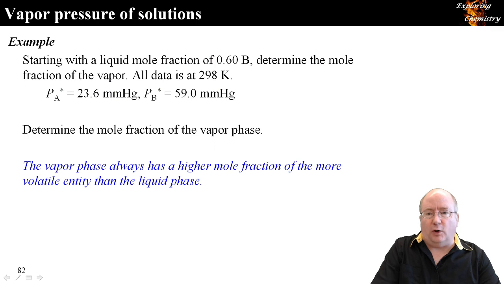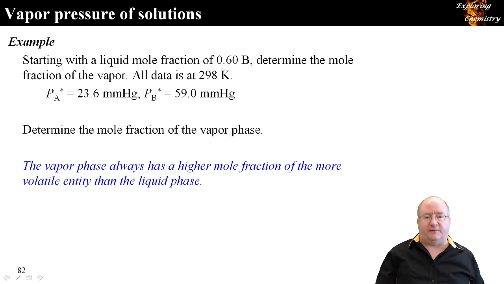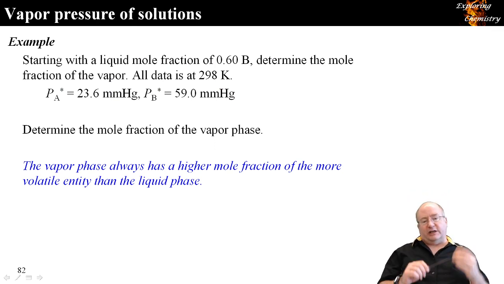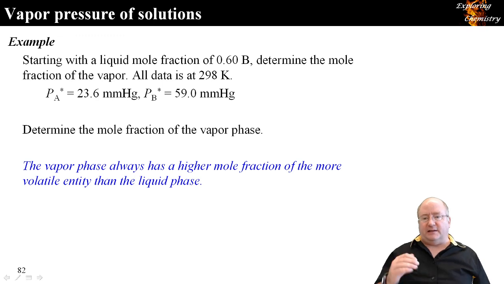This isn't the important part. The important part is an observation I want to make to you. The vapor phase always has a higher mole fraction of the more volatile entity than the liquid phase.